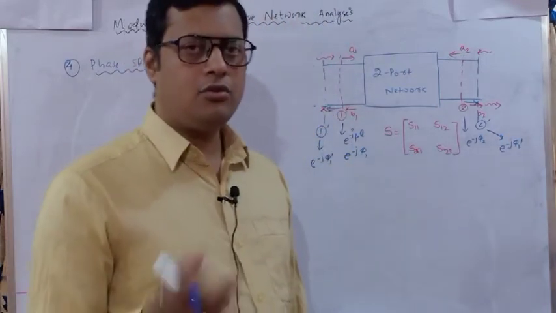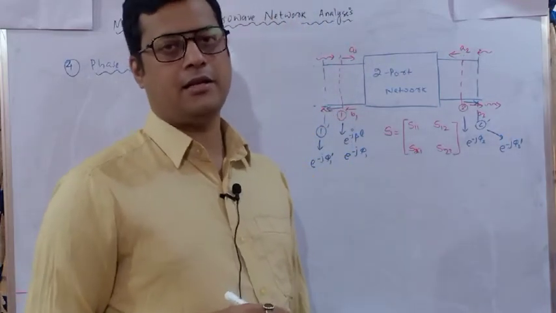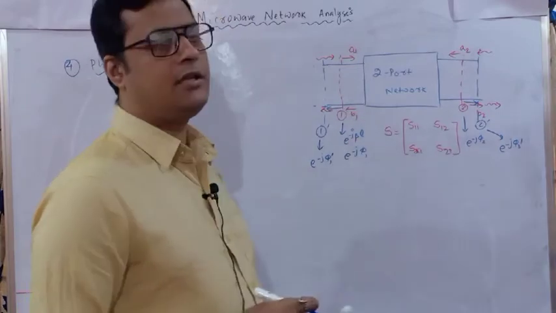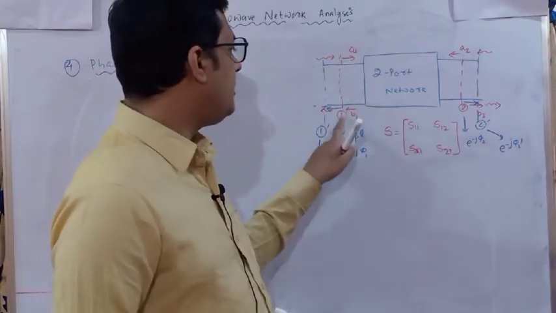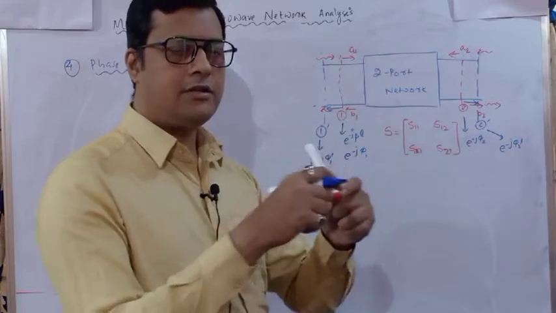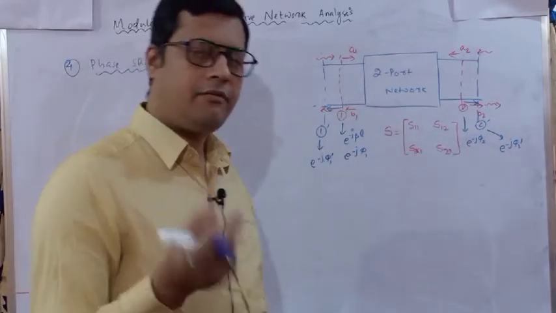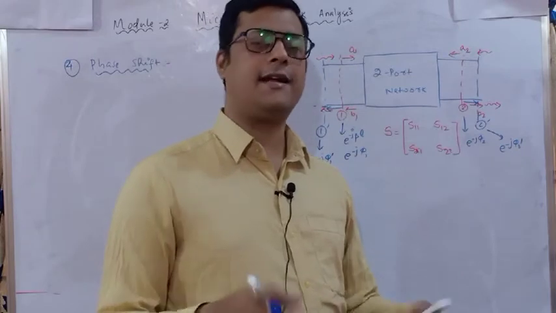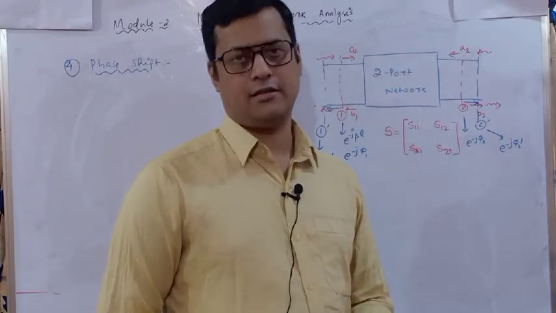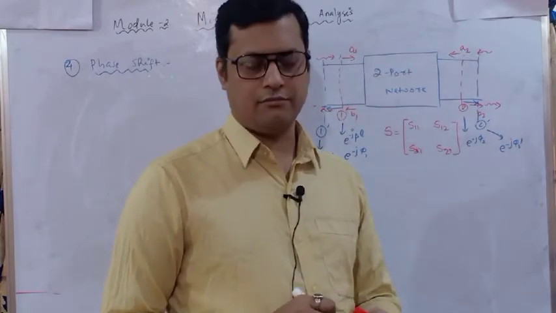So these two phase shifts come into the picture when you change the position of the ports. Initial positions are 1 and 2, but when you change the position, the phase shift changes, and so the scattering parameter also changes. That we will discuss now.